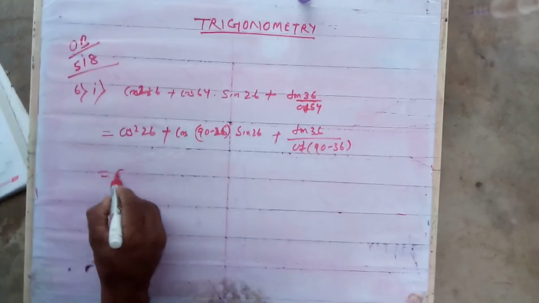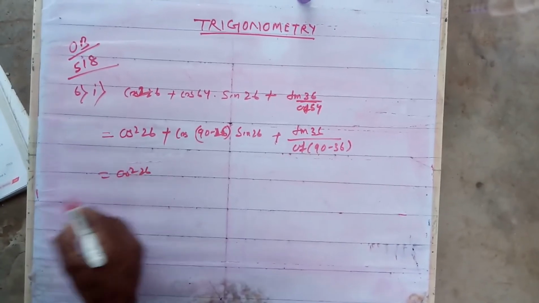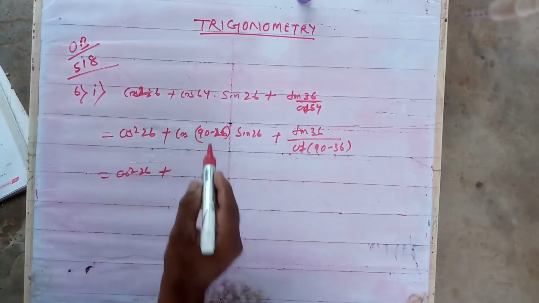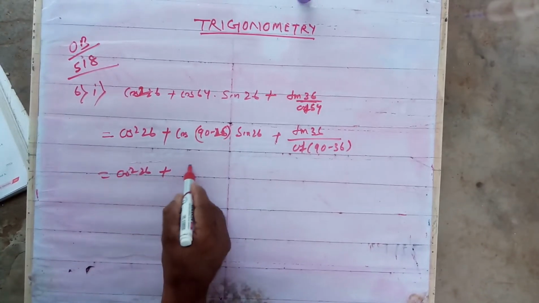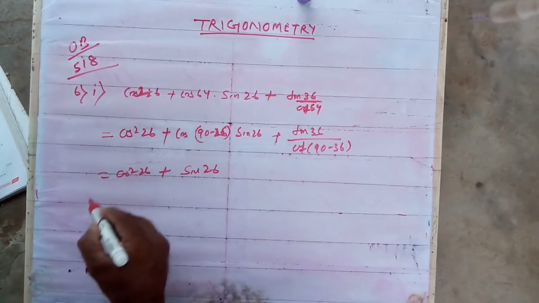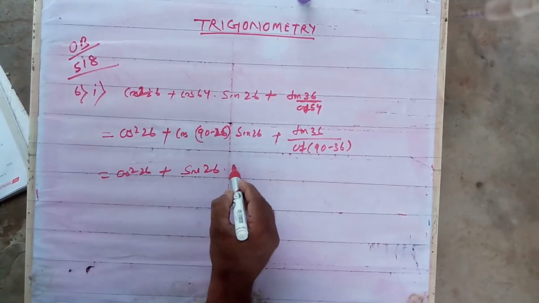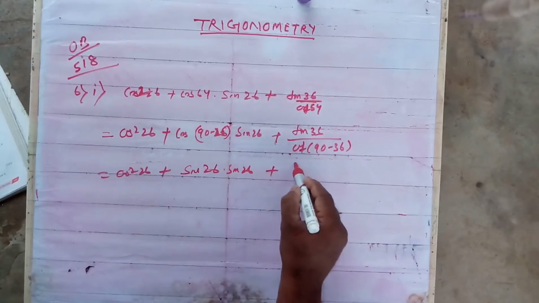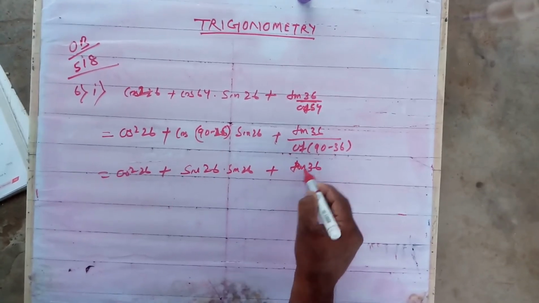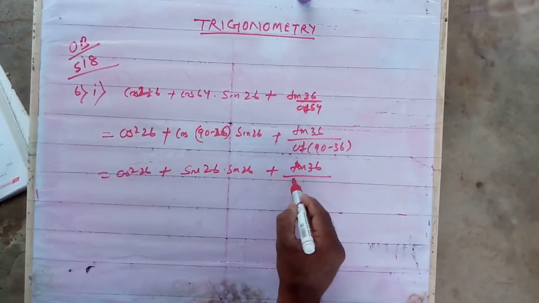So cos square 26 as usual plus cos 90 minus 26. Cos 90 minus theta is equal to sin theta, so it becomes sin 26 into another sin 26. Then tan 36 by cot 90 minus theta, which is equal to tan theta.